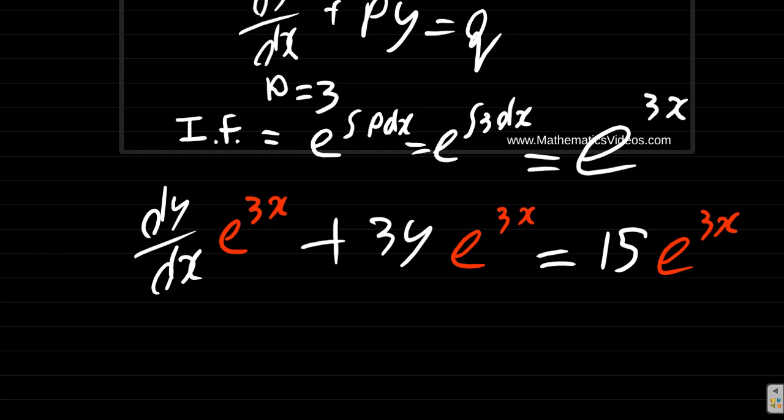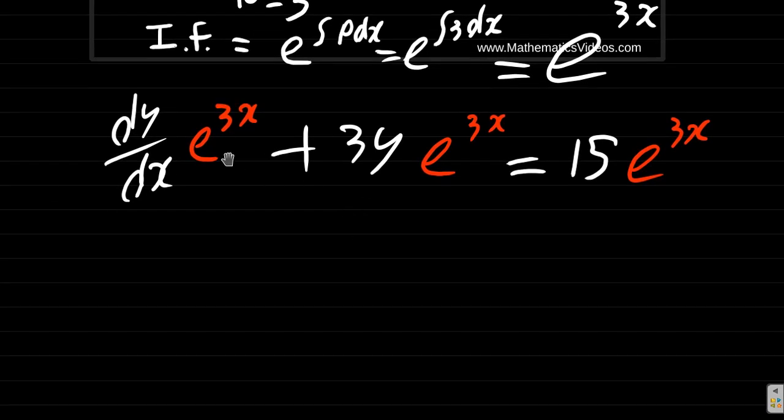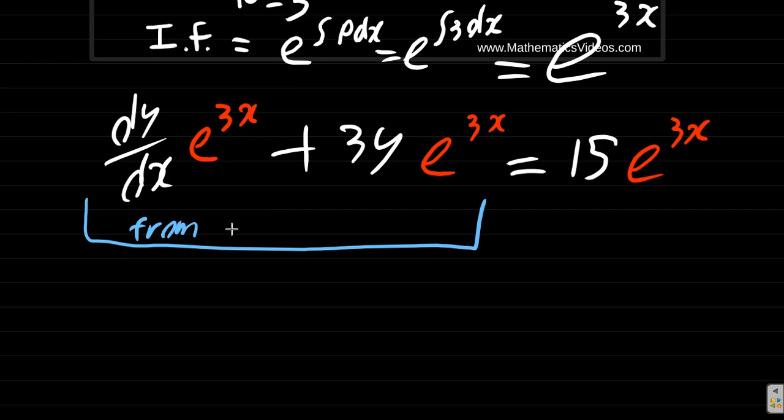Alright? Now, over here is going to be in the form of the result of differentiating a product. This comes from the product rule. And remember what the product rule says.